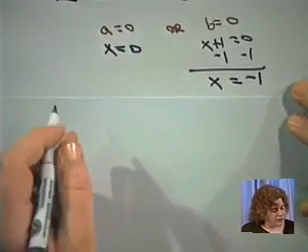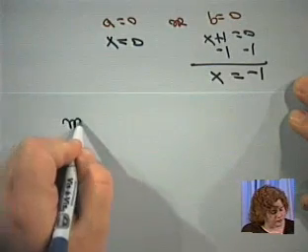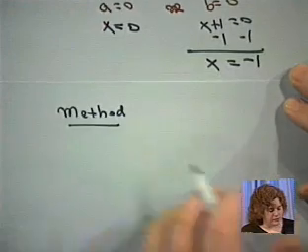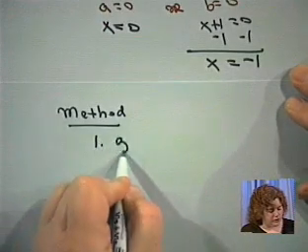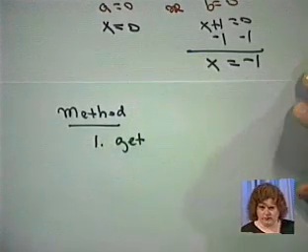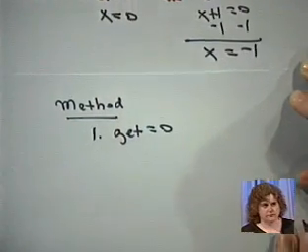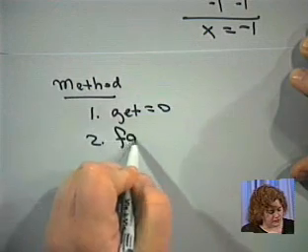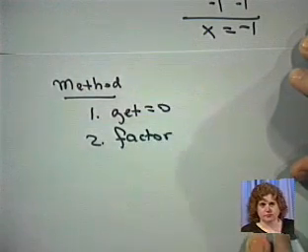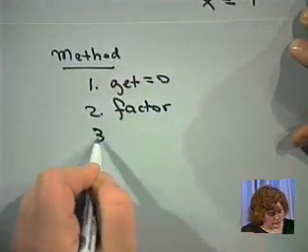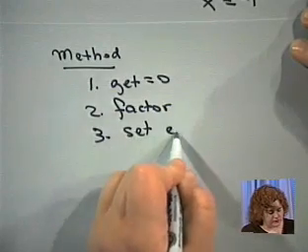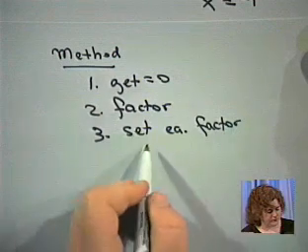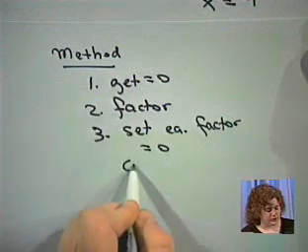Now, our method that we're going to use in solving equations is, first of all, get whatever you're given equal to 0. You may have to do some rearranging. Then you're going to factor. Then we will set each factor equal to 0. That's the zero factor property.